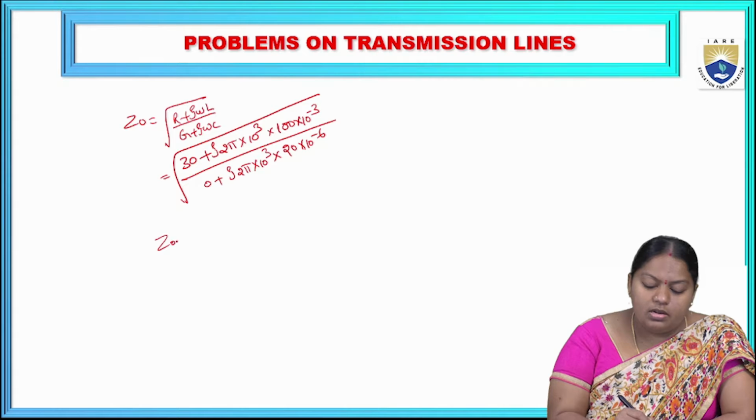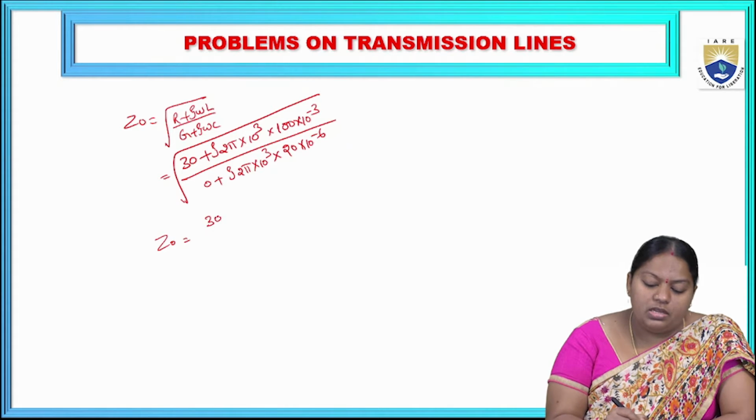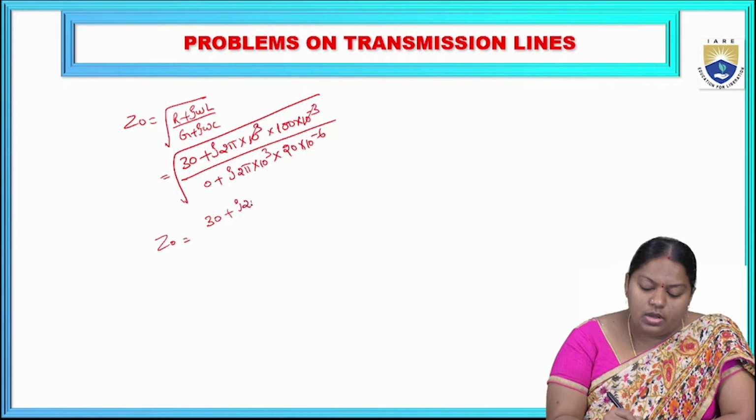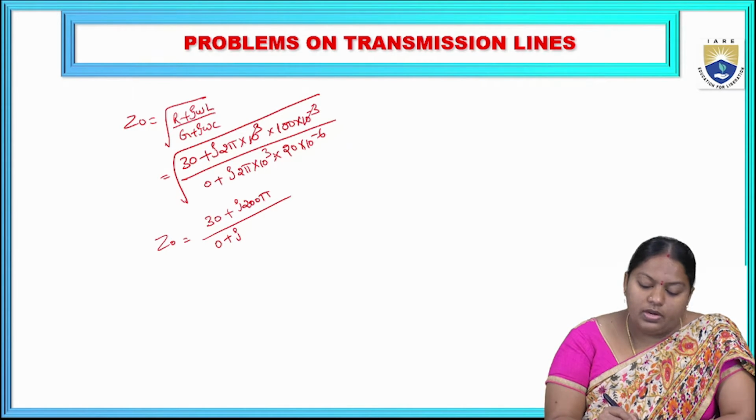Okay, so Z0 is equal to, evaluate the complete equation, then 30 plus j, 10 power 3 and this 10 power minus 3 get cancelled. 2 pi into 200 means j 200 pi, by this 0 plus j into 10 power 3 into 10 becomes 10 power 4, and here it will be j 2 pi into 2 is 4 pi, then 10 power 4 into 10 power minus 2.